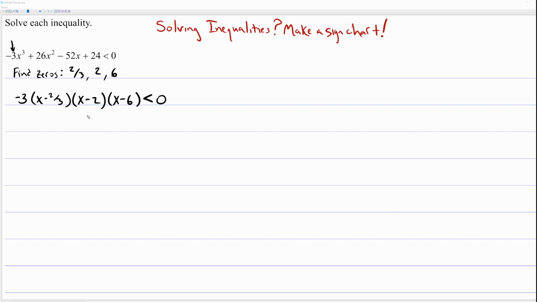Well, now we're ready to make a sign chart, whatever that is. So I'm going to draw what looks like a real number line. Now, I'm not drawing a graph. This is just a picture to help me organize my thoughts. And on this horizontal line, I'm going to plot my zeros in increasing order from left to right.